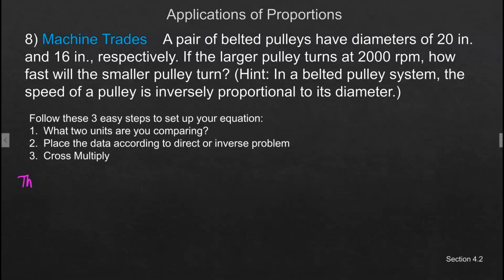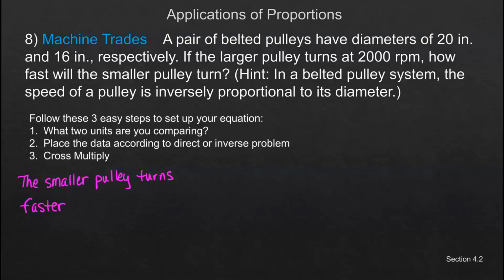The smaller pulley turns faster. And if you've seen this happen, you would understand that as my large pulleys pull, right, they're belted together. So as one turns, the other one turns, and the big one's not going to turn as many revolutions as the smaller one.